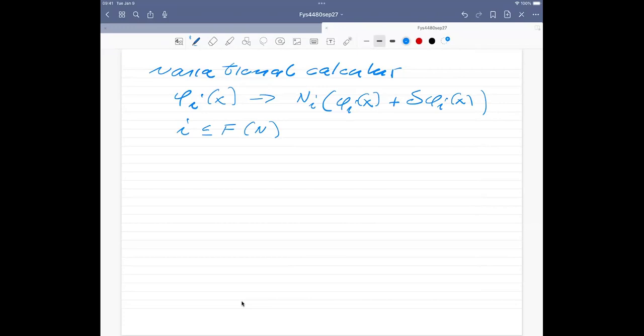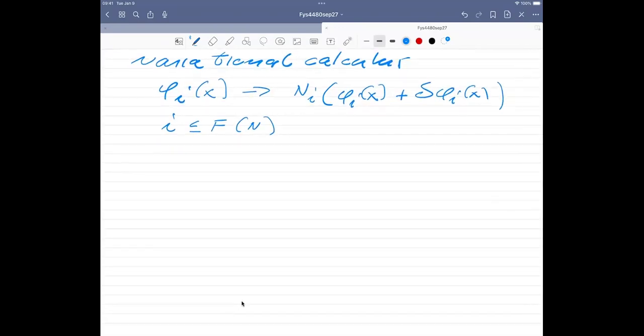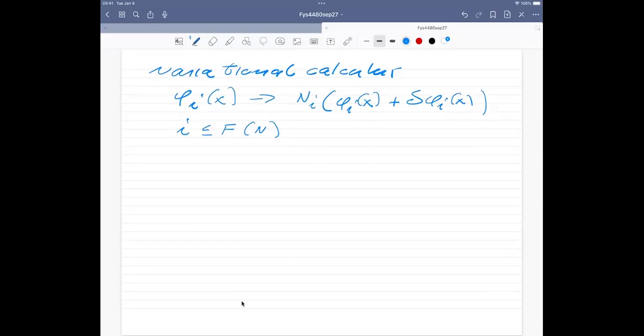Now, you can define this delta phi of i as you want, okay? So what you could do now is simply to say that this delta phi of i is now given by a parameter eta multiplied with a phi of a of x.